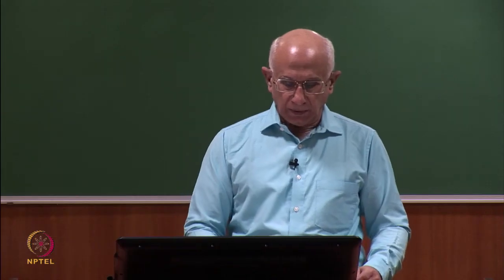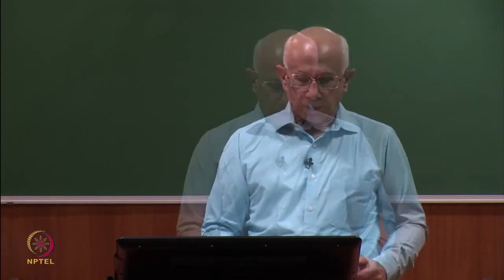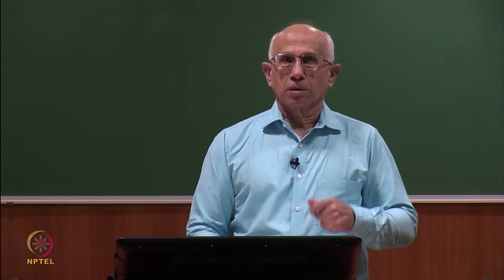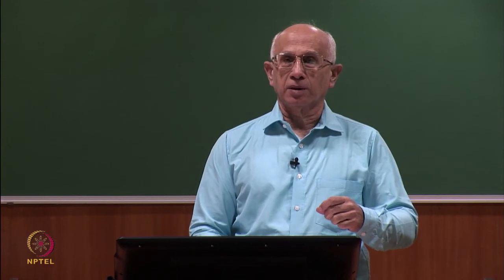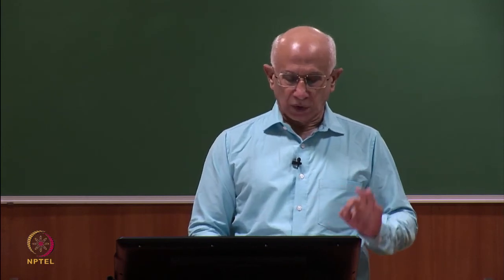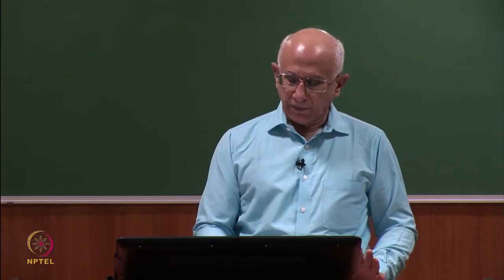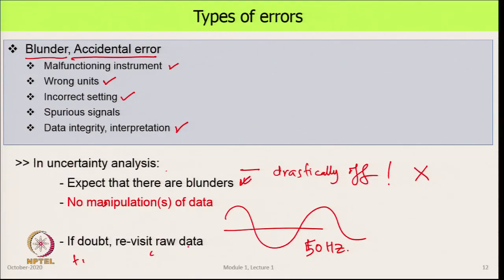Okay, the second thing that we have to work with, when we do uncertainty analysis, result analysis, reporting of results, writing of reports, we assume, one, that we did not commit any blunder. So, everything we will learn later on in this course assumes that there were no blunders.